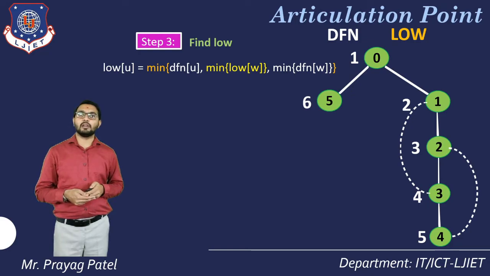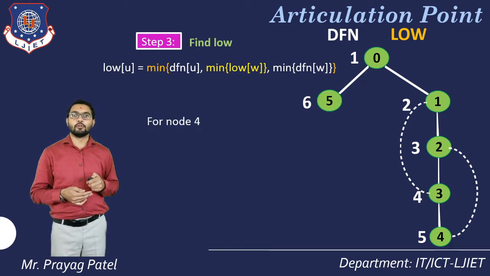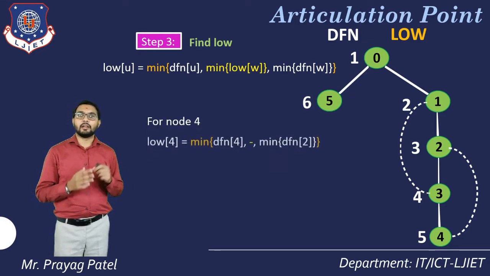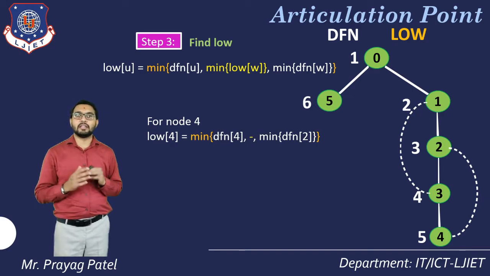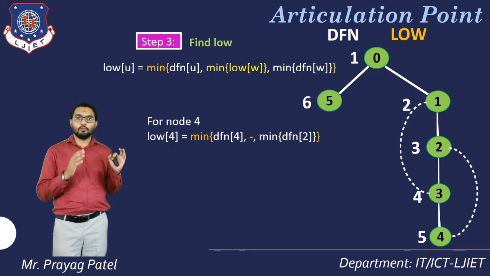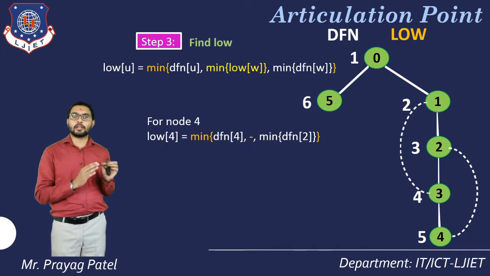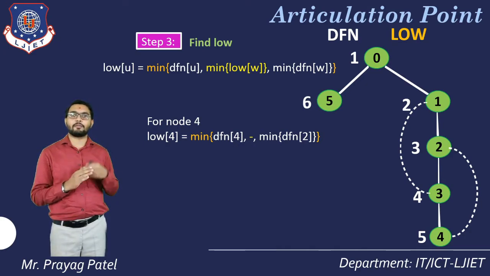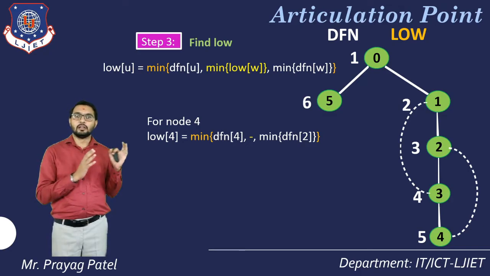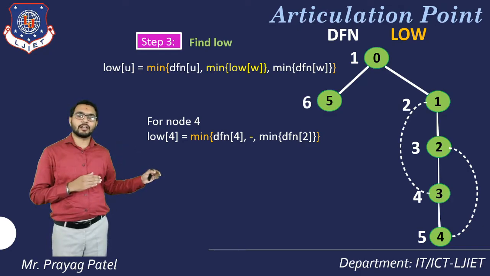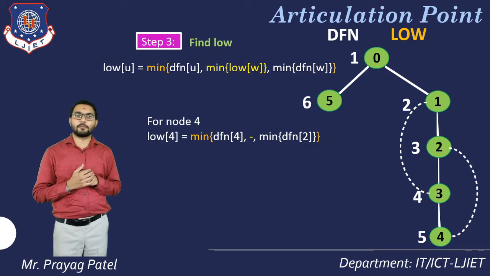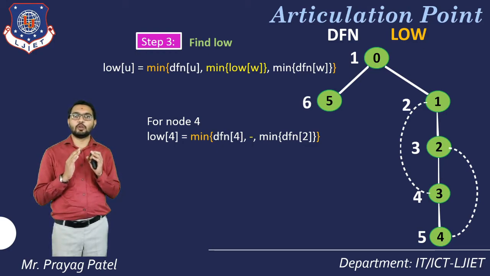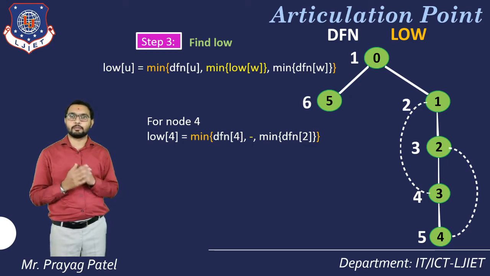Now first we consider for which node we can find the low and in which sequence. From the bottom level, or you can say the leaf node, we find the low of the leaf node first. So consider the leaf node as node number 4, and first find the low for node number 4.